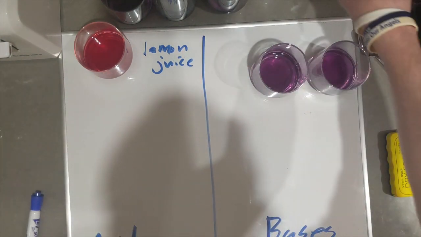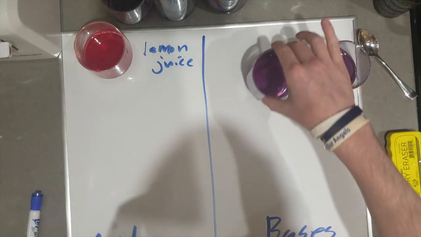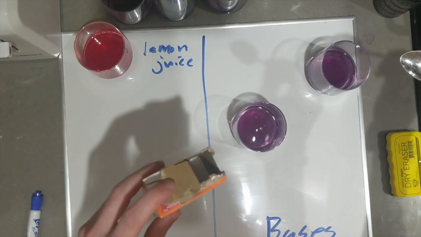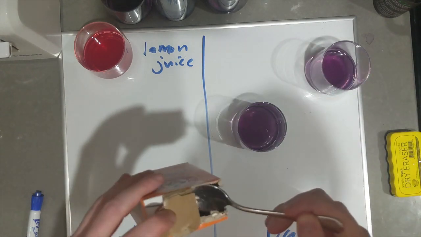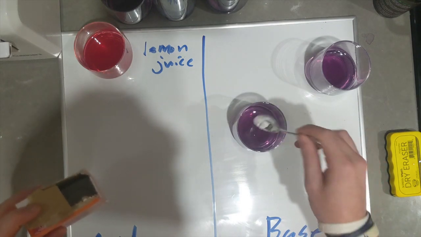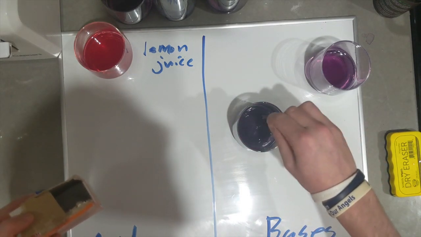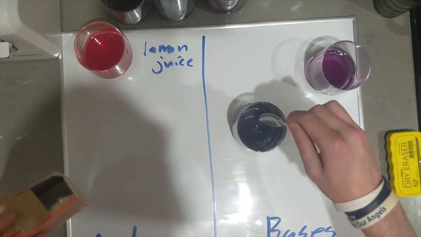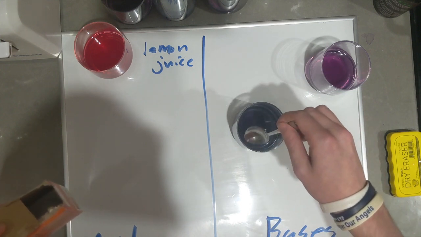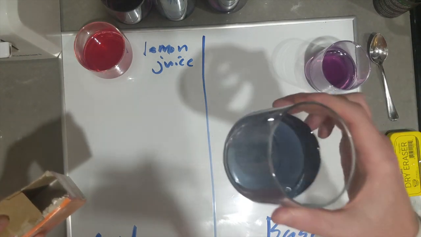Okay, so now let's try baking soda. You only need a little bit because baking soda does not dissolve super well in water. It's just a little bit. Look at that.